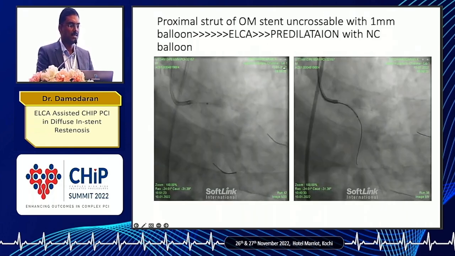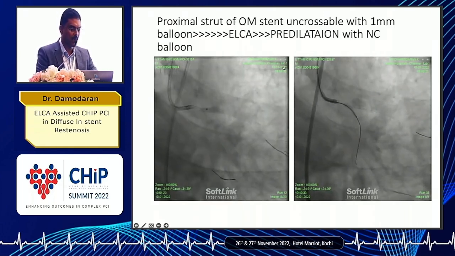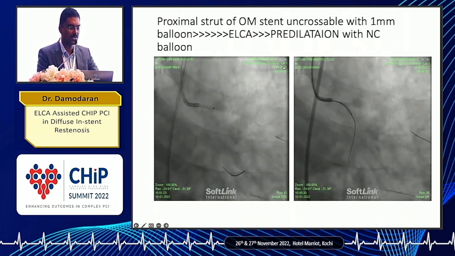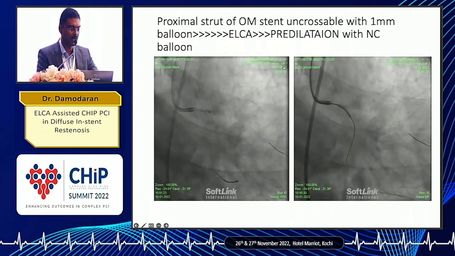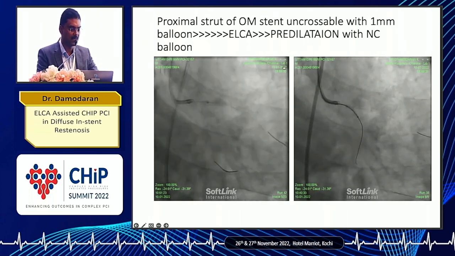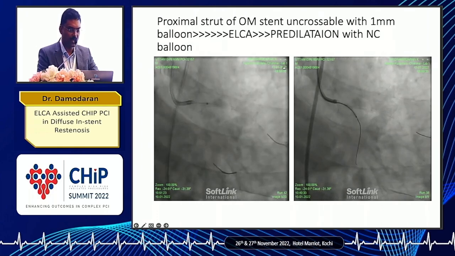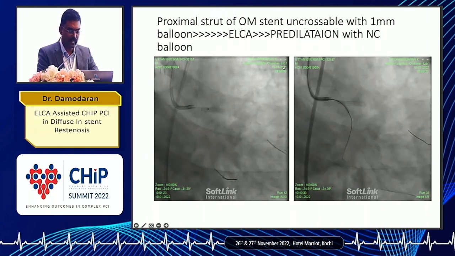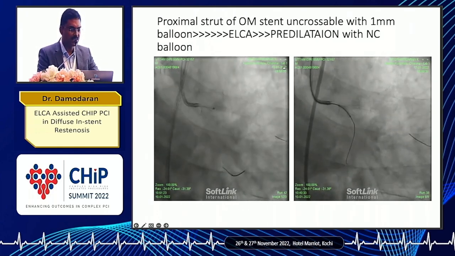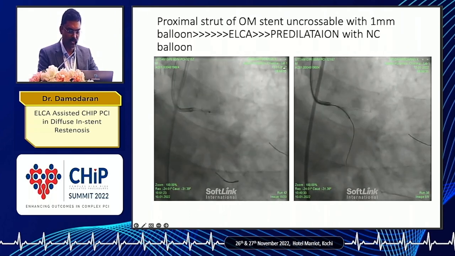Again, the challenge here is even the 1 millimeter balloon could not cross because of the tortuosity and the tissue which is formed inside the stent strut. So I had to use some laser energy across the proximal strut of the OM stent before taking the balloon again. And then after doing a laser, the 1.5 balloon easily went in. Then we dilated the proximal strut.